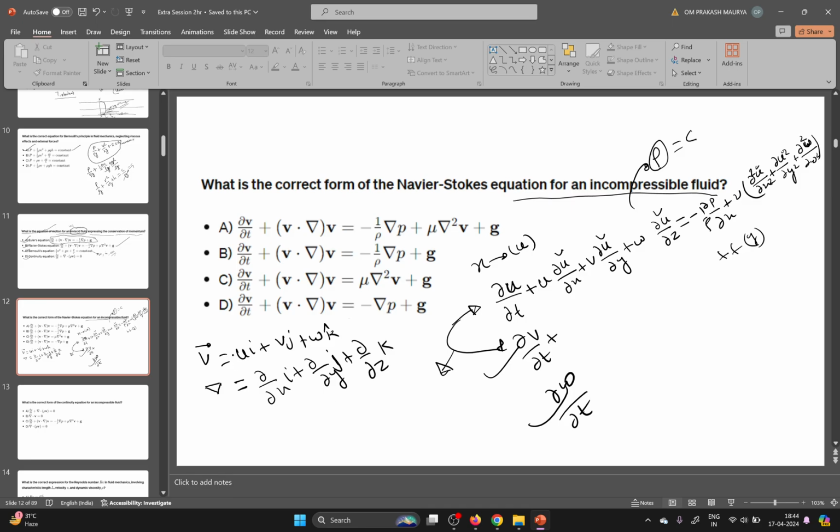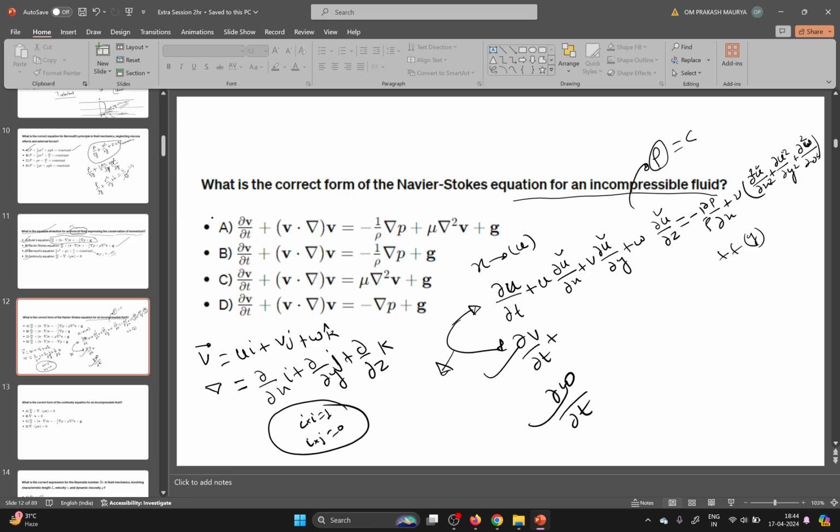You know that if you multiply these, i into j will be 0, i into k will be 0. So i into i is equal to 1, i into j will be 0, like that.